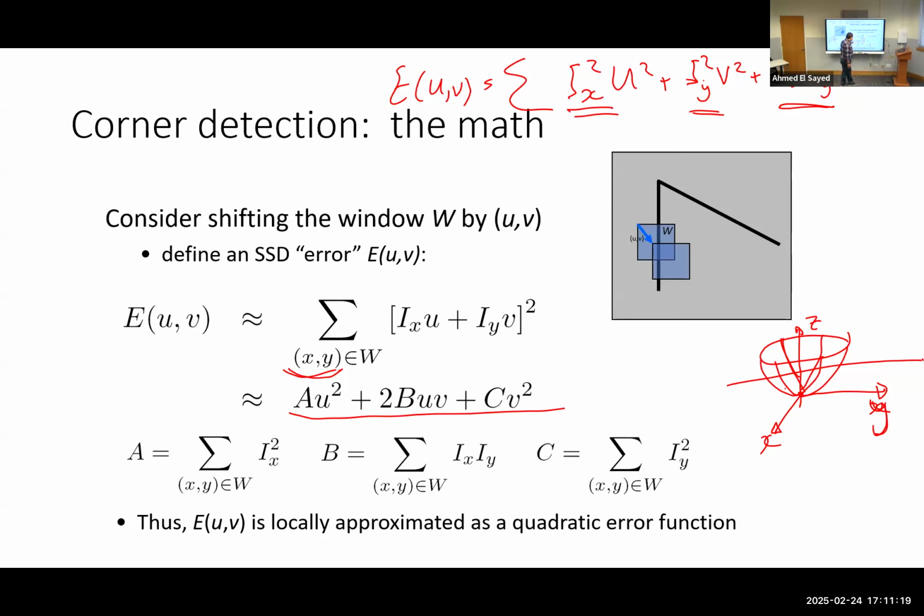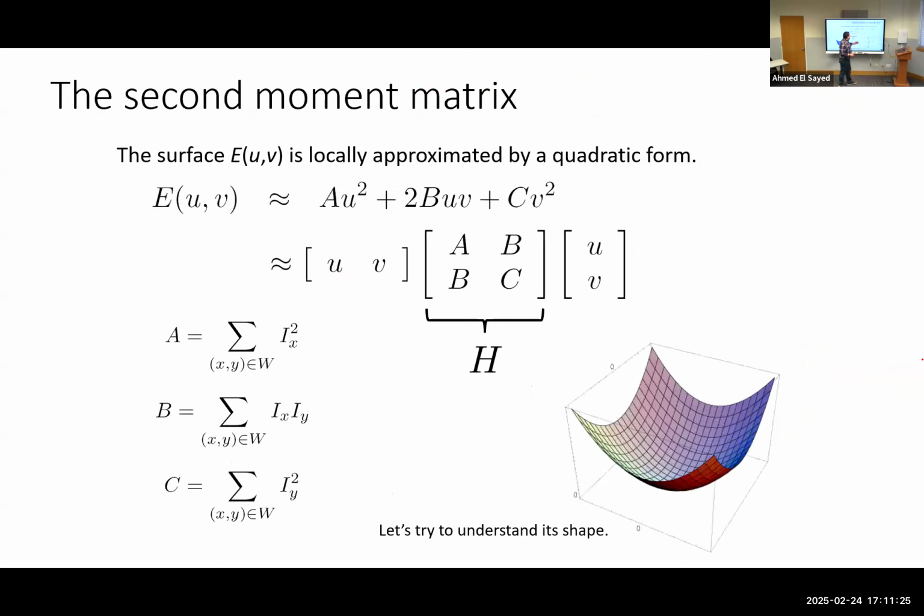Let's reorganize this equation again. If we reorganize it, it will look like this. This vector is 1 by 2. This matrix is 2 by 2.